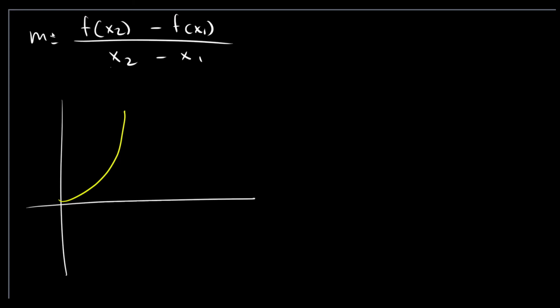I want to find my tangent line at that point P. I'll define this to be my x equal to a, and this is equal to L, let's say.